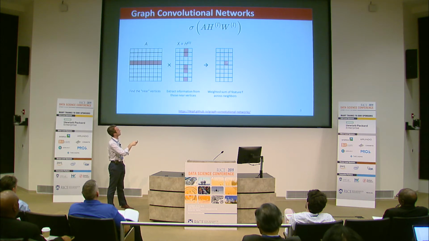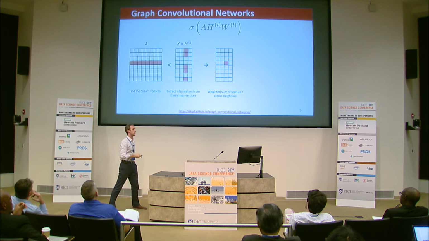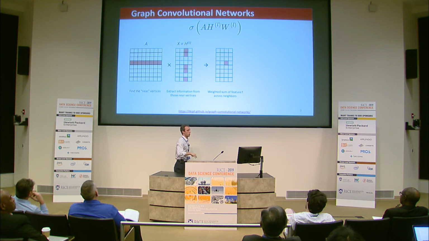What this is saying is I want this cell to be some weighted sum of only the values, this particular feature, of any vertices that my vertex is directly connected with. That way, we're taking advantage of the relationship information in A to compute only on the information that we care about based on the relationships we have.